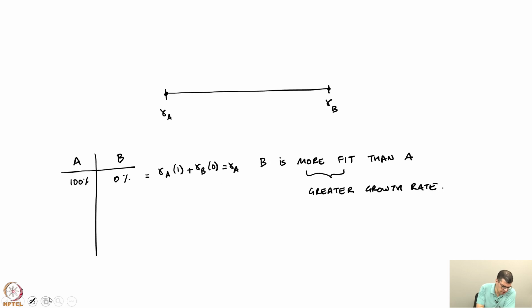So, let us call this population number 1. The mean fitness of population number 1 is going to be this point.